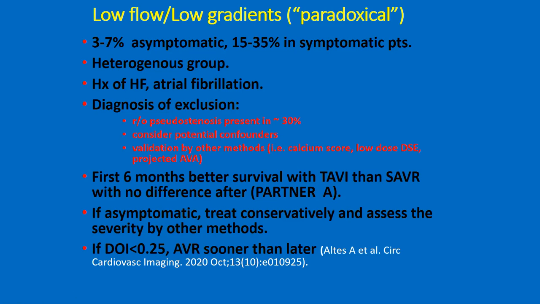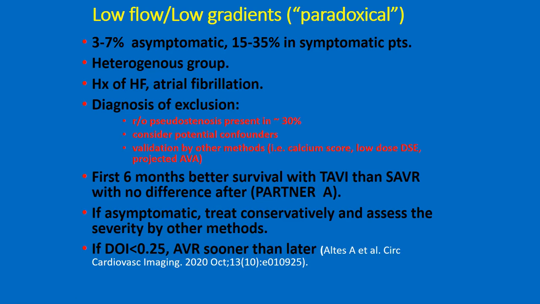And the diagnosis should be validated, if it doesn't fit the clinical manifestation, by other methods like calcium score, low-dose dobutamine, projected aortic valve area. Apparently, they are doing better with TAVI than with surgical aortic valve replacement. If asymptomatic, one should treat them conservatively.